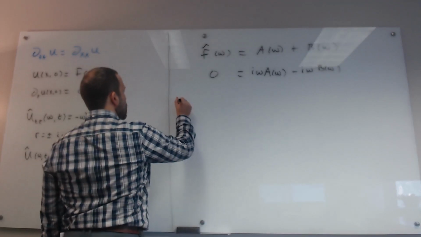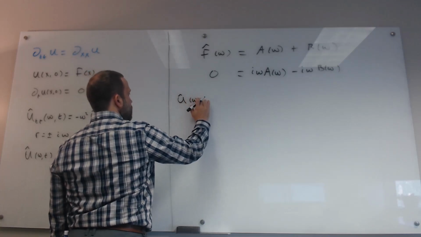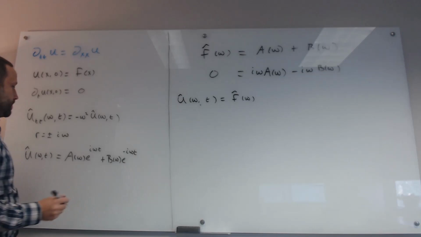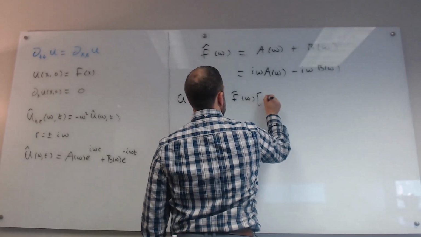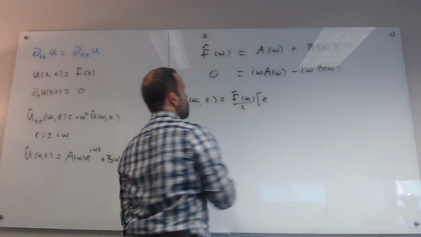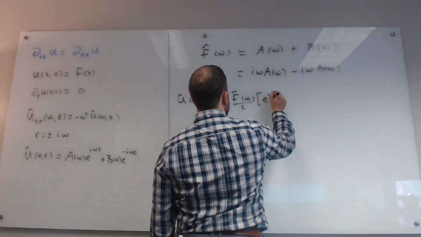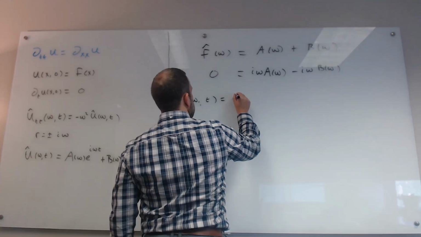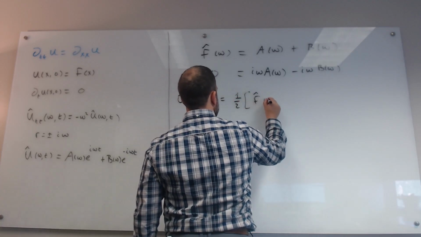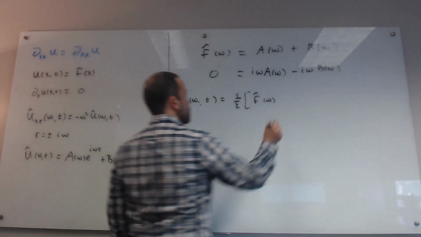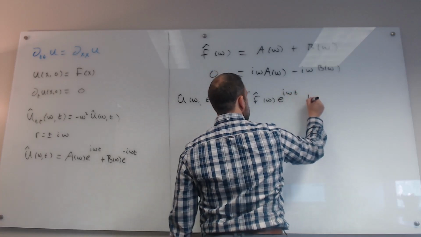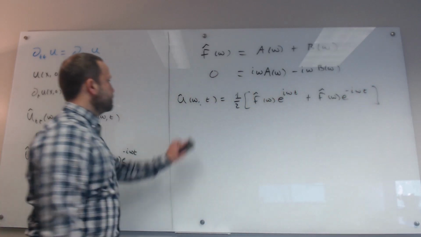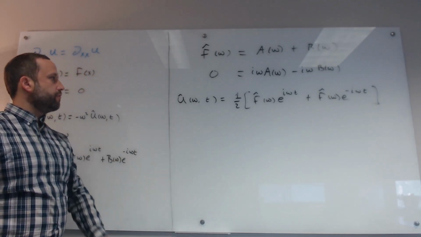So what this tells us then is that u hat of omega, t is equal to one half times f hat of omega e to the i omega t plus f hat of omega e to the minus i omega t. Okay, and now the solution is just going to be the inverse Fourier transform of this.